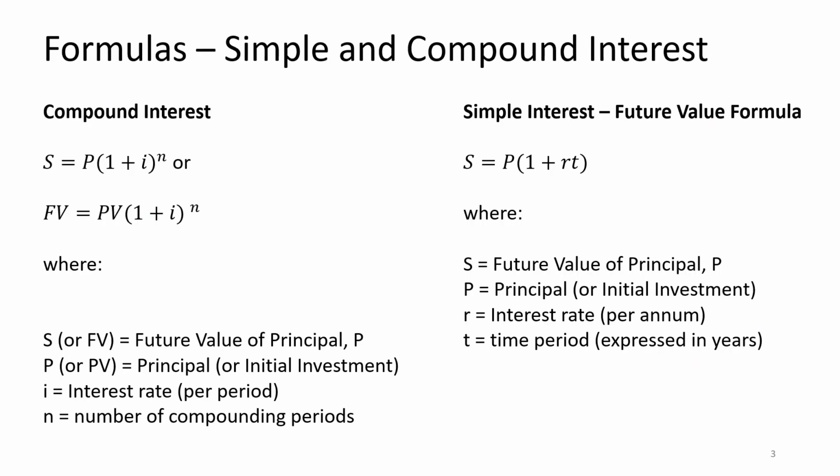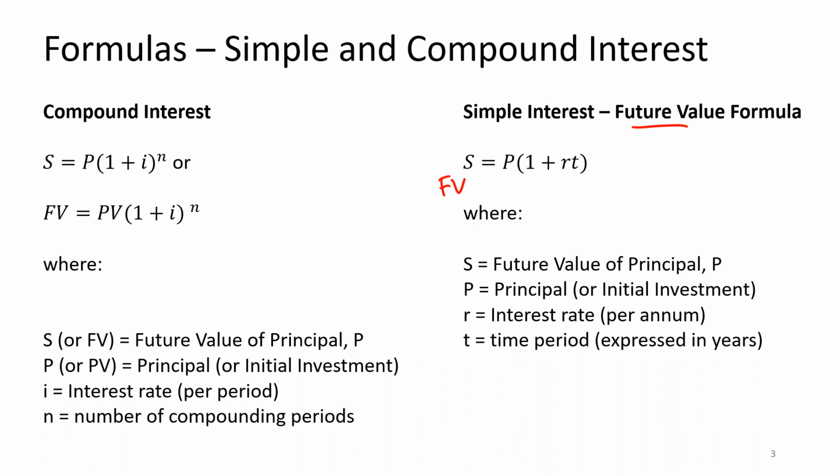So I want to compare what the formulas are so you can see the difference between simple interest and compound interest. So simple interest, if we look at our future value, we always had S, which was, remember, the sum. In this case, you can also write it as FV for future value.